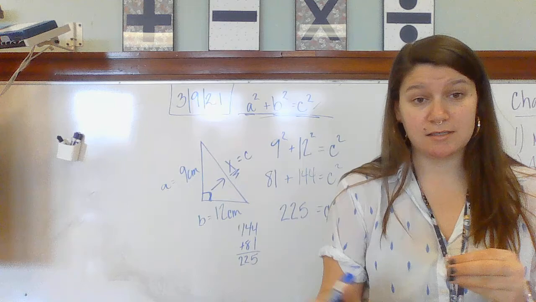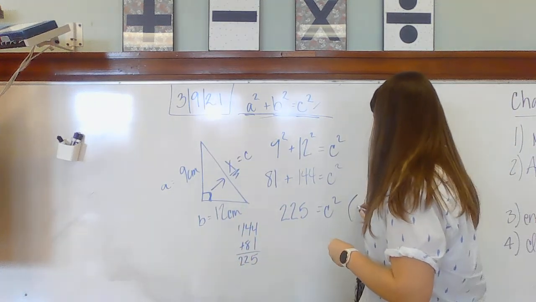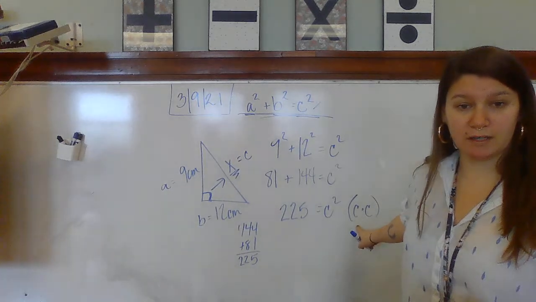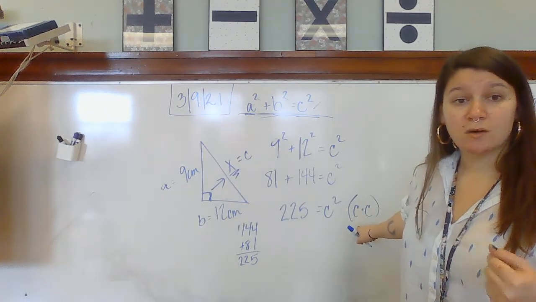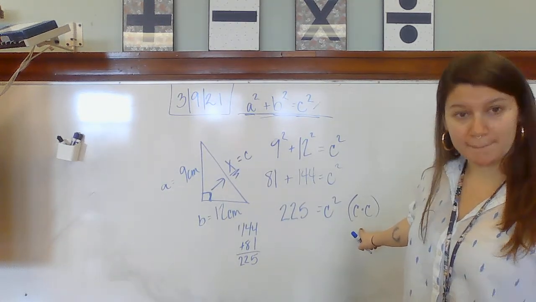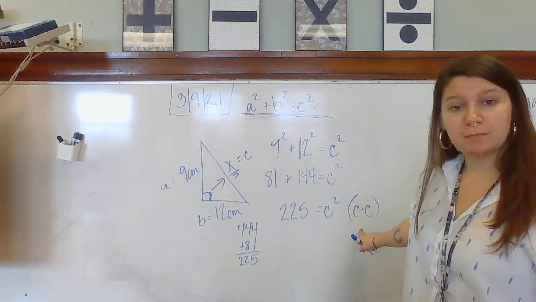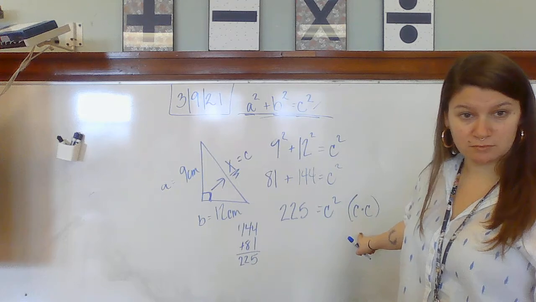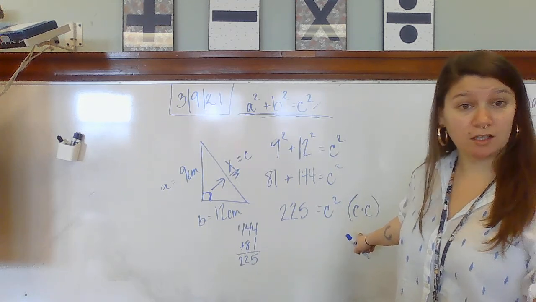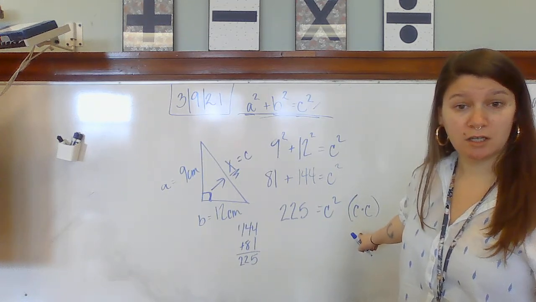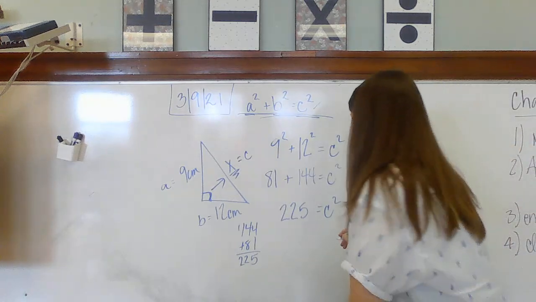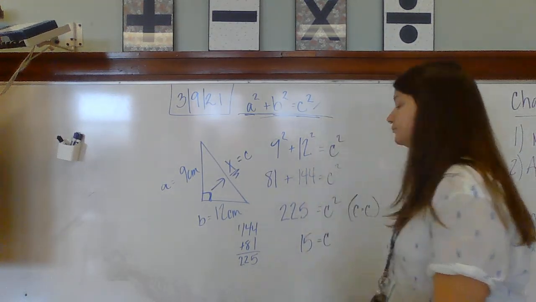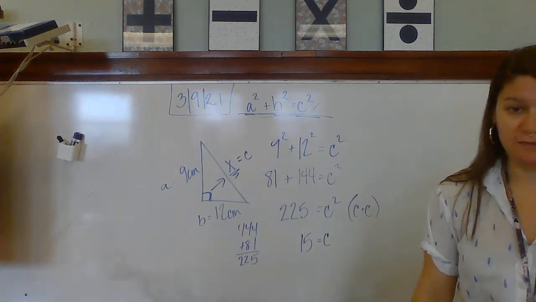And what that means is that C times itself is 225. So I need to figure out what number I multiply by itself to get 225. I can guess and check. I can use a calculator. I know that 15 times 15 is 225. So I know that C is going to be 15.